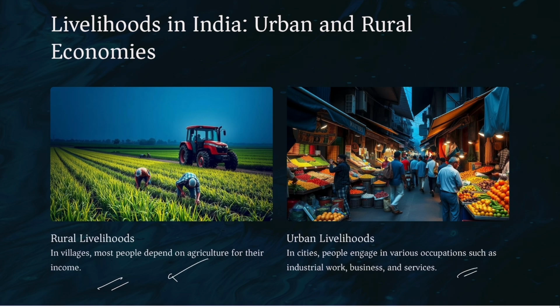In urban livelihoods, cities offer a variety of jobs in industries, services, and businesses. Many people work in corporate sectors, information technology, education, healthcare, and manufacturing. The urban informal sector includes street vendors, small business owners, and rickshaw drivers. Though these jobs may lack financial security, they are essential to urban life.